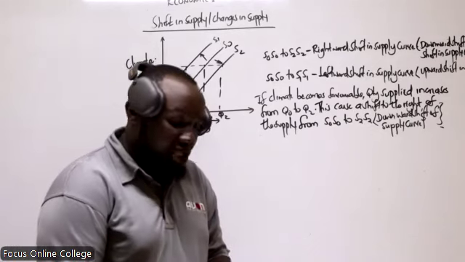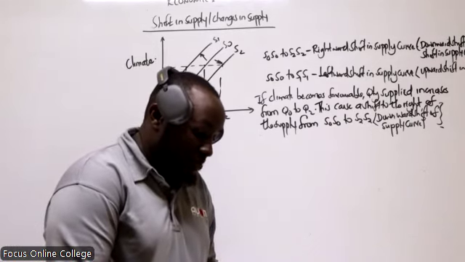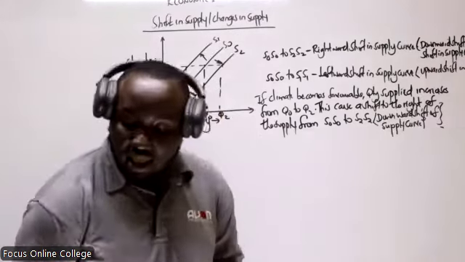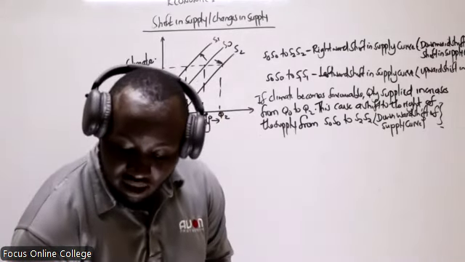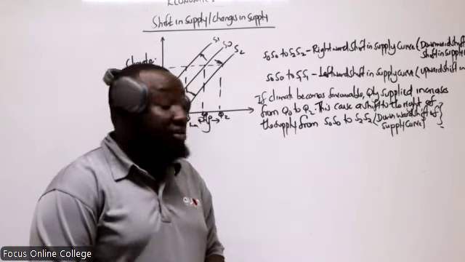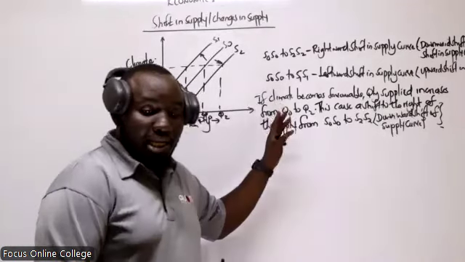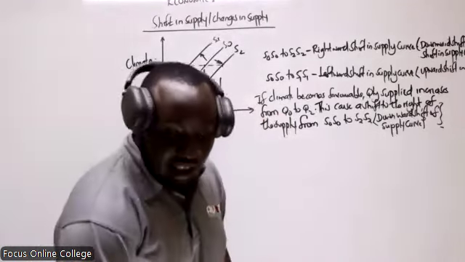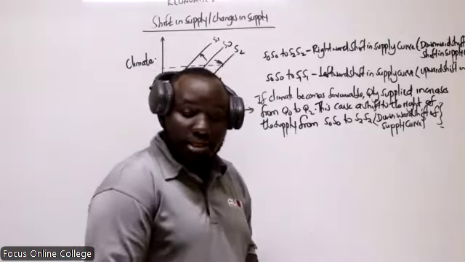So, factors that cause the rightward shift of supply curve. What are these factors? At the back of your mind, understand that whenever we have a rightward shift of the supply curve, it results in an increase in quantity supplied.